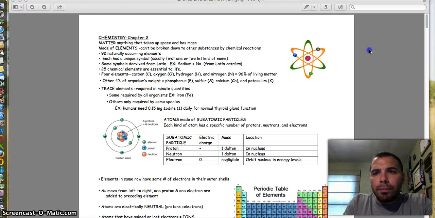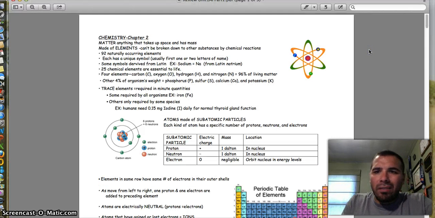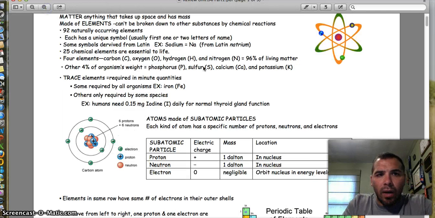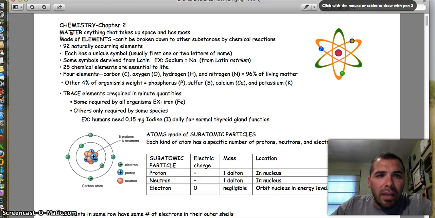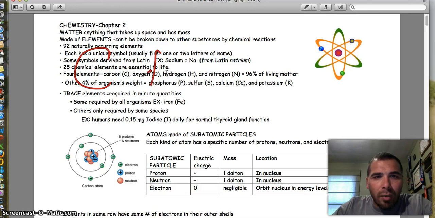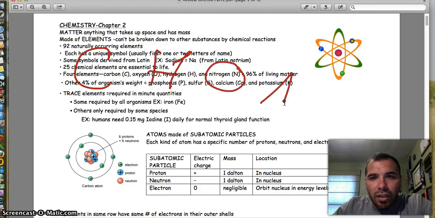So chapter 1, or exactly chapter 2, basically what you need to look over is, hopefully you understand this whole idea of made of elements. Again, hopefully you remember CHON: carbon, hydrogen, oxygen, and nitrogen.